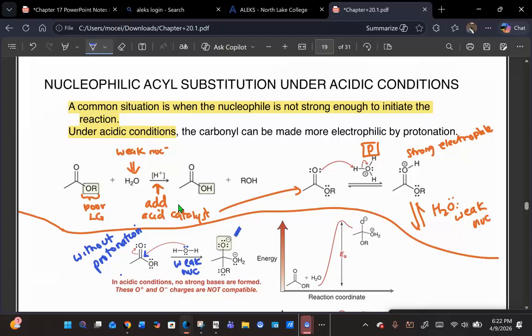You're going to get this guy, but look at its energy. Oh, very high activation energy. So does that mean the product is not really able to fully get made? You're not going to form your product. This thing is just going to fall back down and kick the water out. You go back to your starting material.